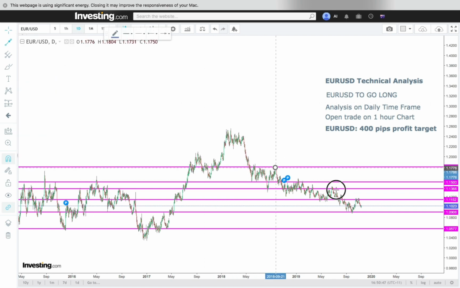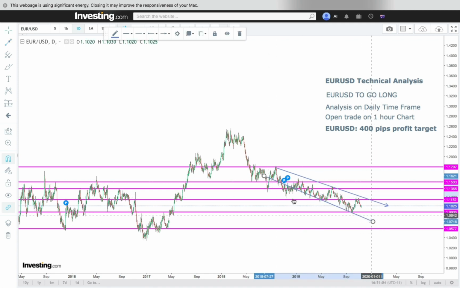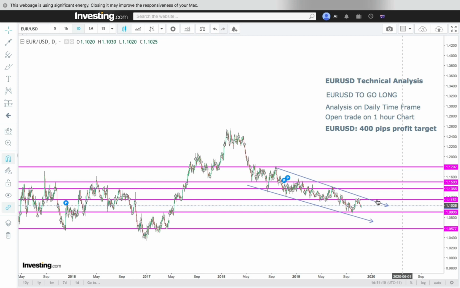All right, trend line. So as you can see, the market is going in a channel at the moment. All right. So these support and resistance and trend lines are not exact pinpoints. They're just a guideline.